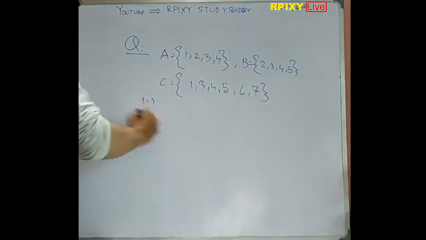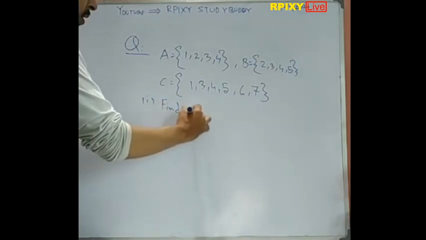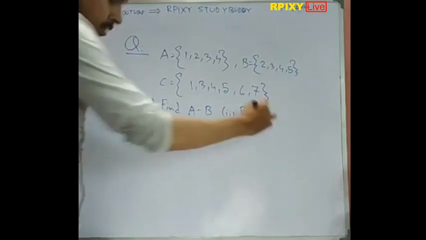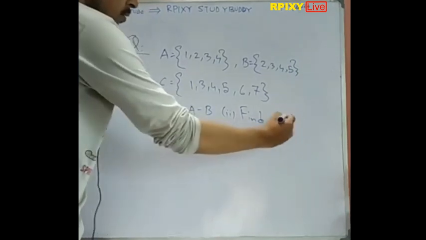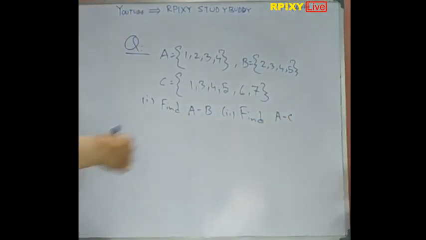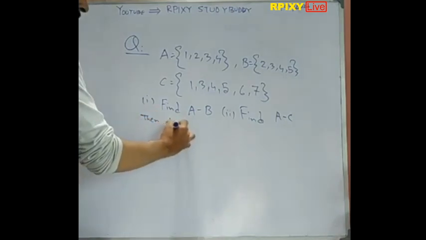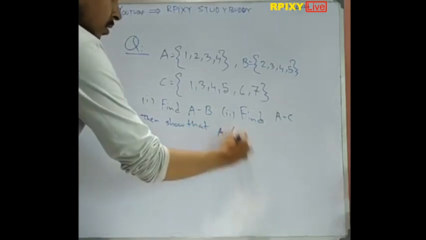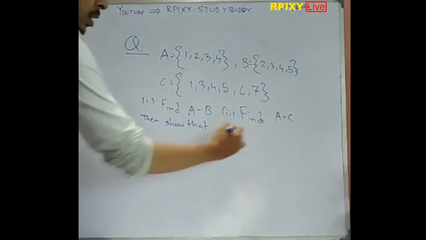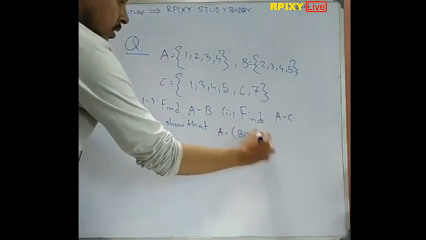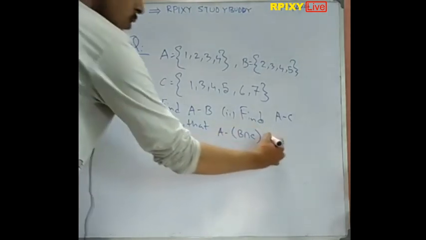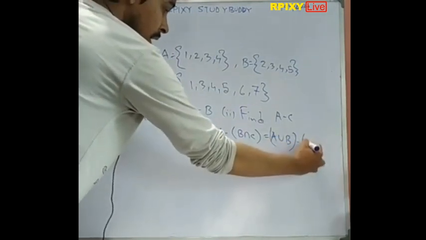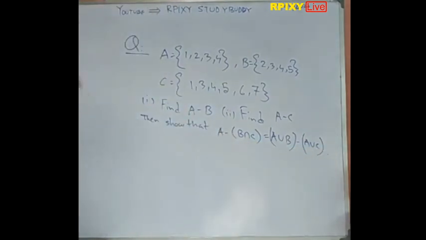Now find A minus B, then find A minus C. Then show that A minus of B intersection C is equal to A minus B union A minus C.